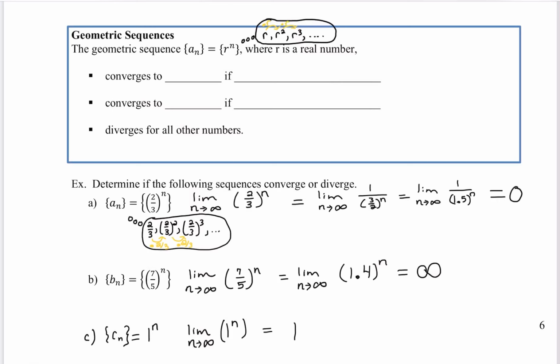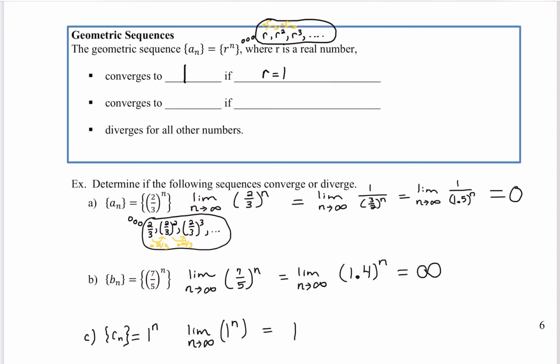So these geometric sequences have a base of r, a real number, raised to the nth power. So let's think about the last one we just did. If that r is 1, so that's kind of boring, but if that r is 1, then it's going to converge to 1. So it will converge to 1 if that common ratio, that base, is equal to 1.